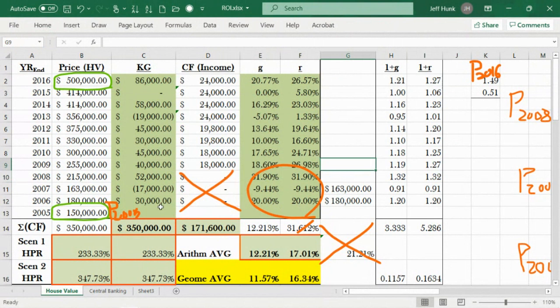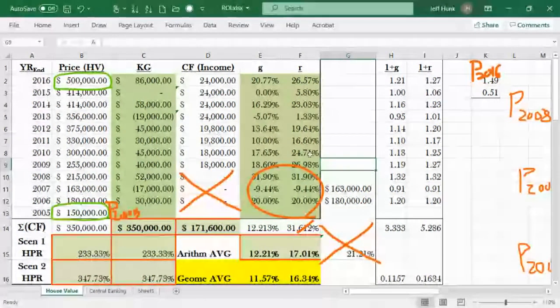It must be the same. So growth rate is the return in scenario 1, and the rate of return is the return in scenario 2.